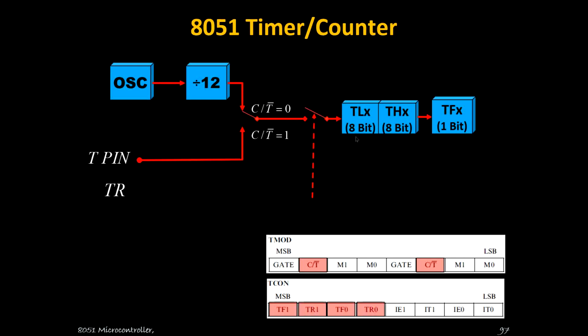At that time we are using the timer control bits TR0 and TR1, and we are using the gate. As we said, the gate starts the timer or stops the counter, because once we are using it as a counter, only the gate pin will be working.